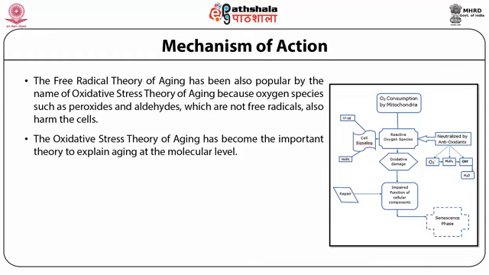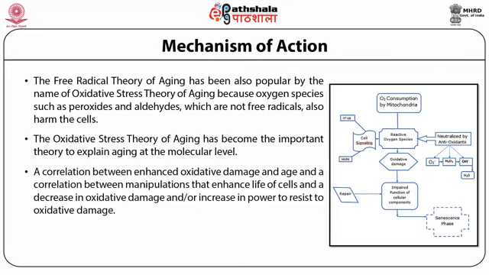Although there is an ample stock of research over the past 5 decades in context to this theory, almost all the research has shown different correlations. Example, a correlation between enhanced oxidative damage and age, and a correlation between manipulations that enhance the life of cells and a decrease in the oxidative damage and/or increase in the power to resist the oxidative damage.